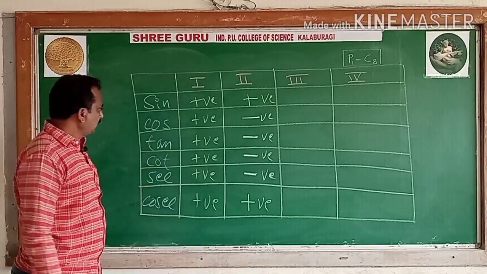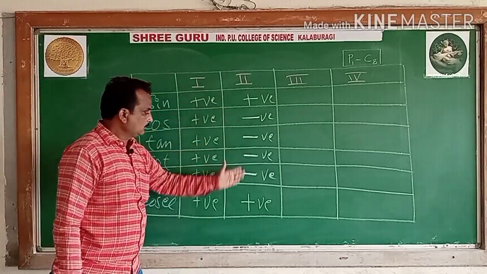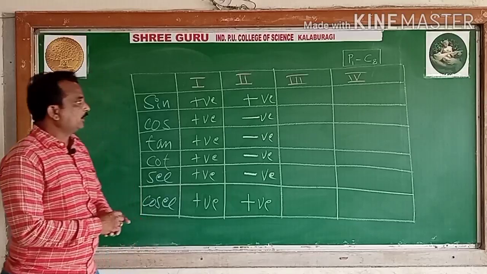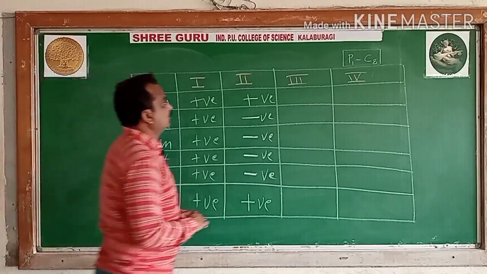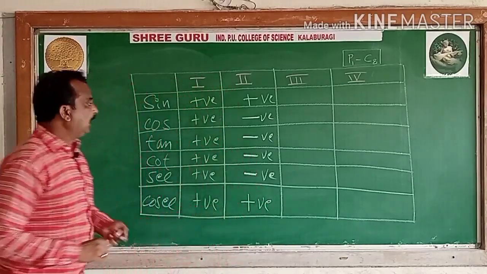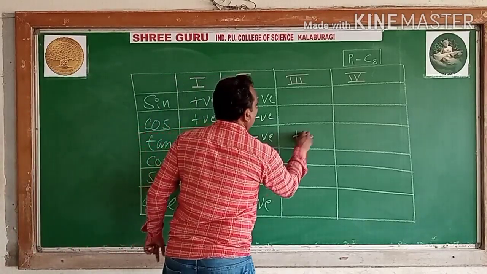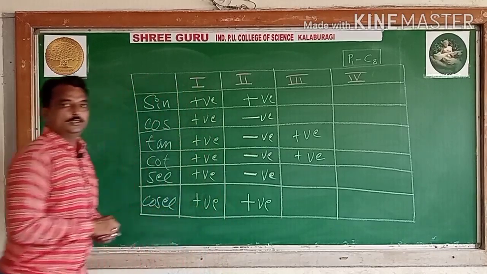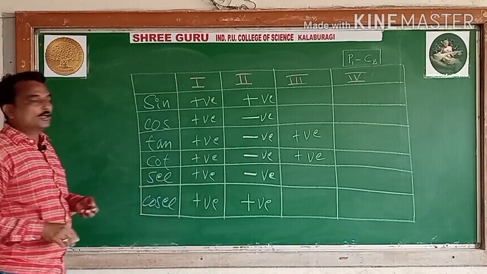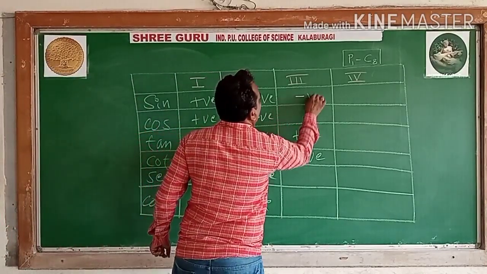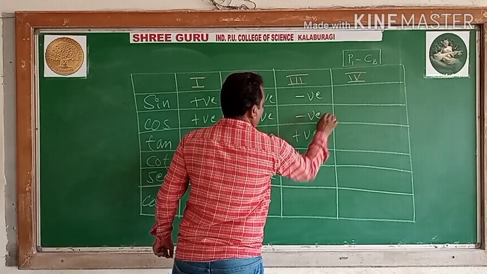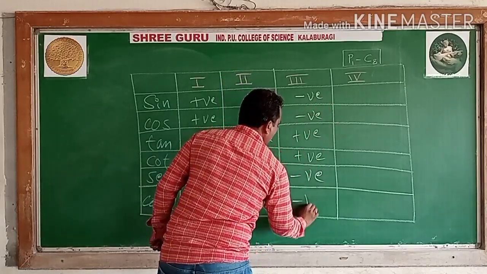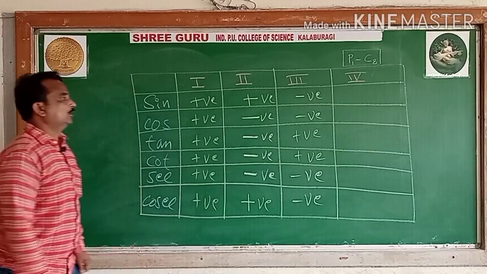So here we have come across the first quadrant and second quadrant. In the third quadrant, tan and the reciprocal of tan, cot, are positive. Remaining 4 are negative in the third quadrant.